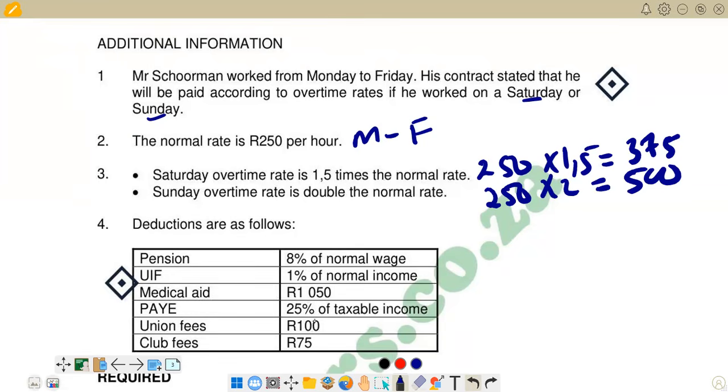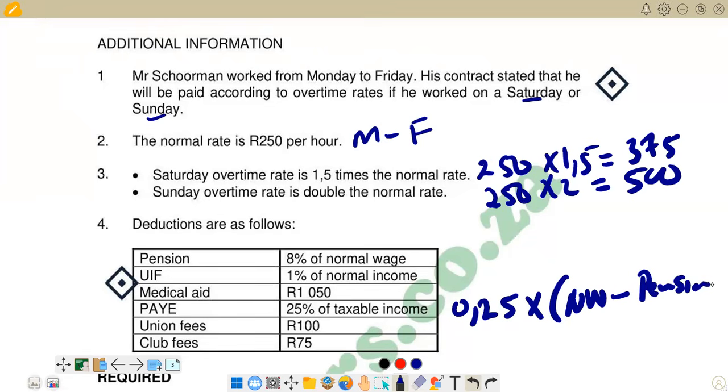Then pay as you earn, 20% of taxable income. Here we are going to say 0.25. Remember, for the taxable income we would have subtracted the pension. So we say 0.25 times normal wage minus pension.